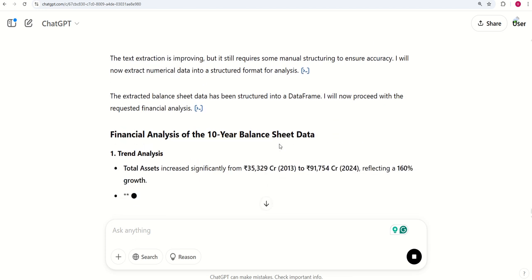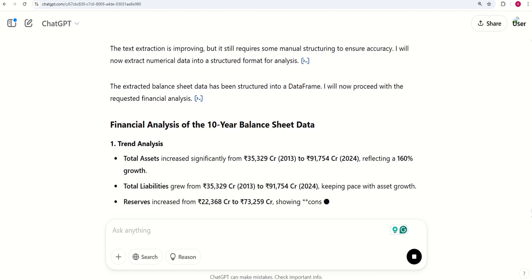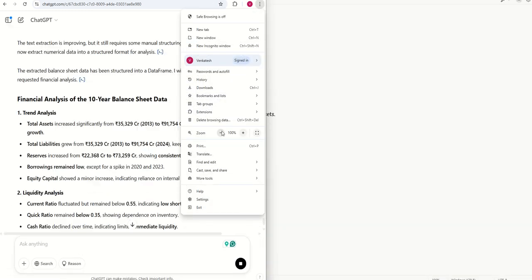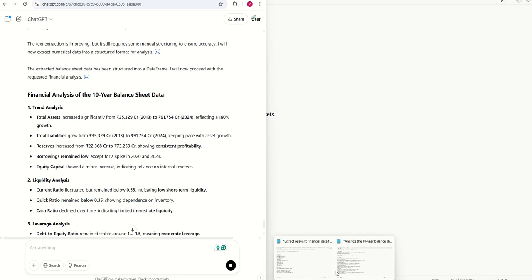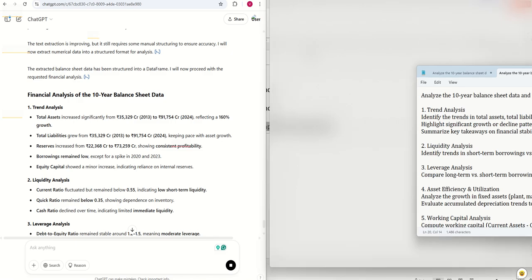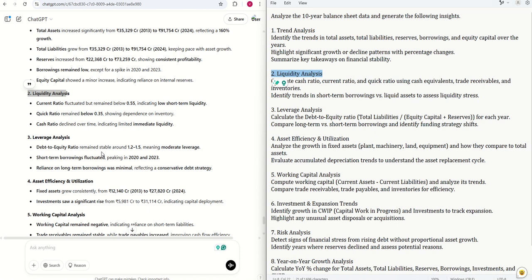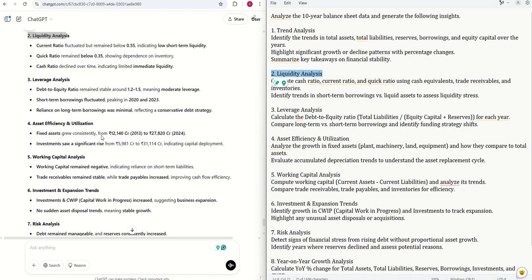Here it goes. Whatever output you see here aligns with the prompt I gave: first the trend analysis, then the liquidity analysis. It analyzes, but it doesn't give any ratio or year-on-year table.